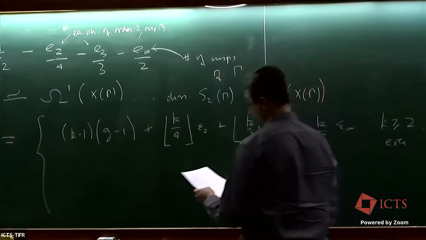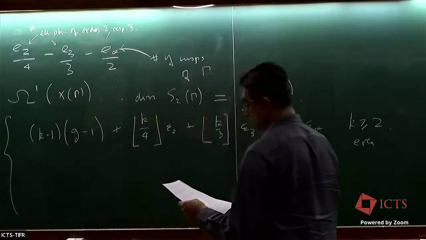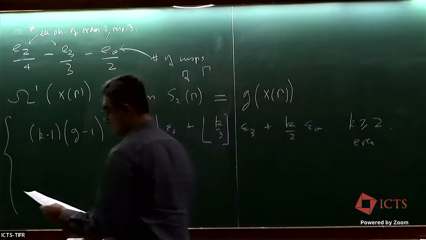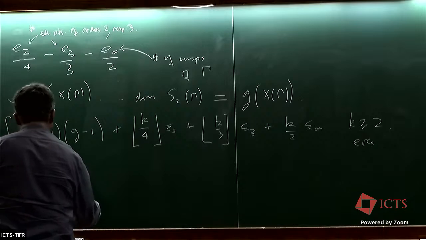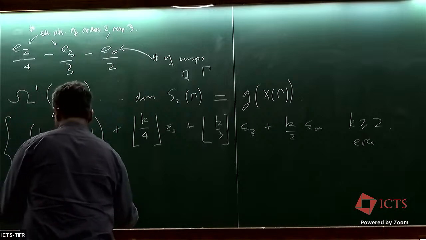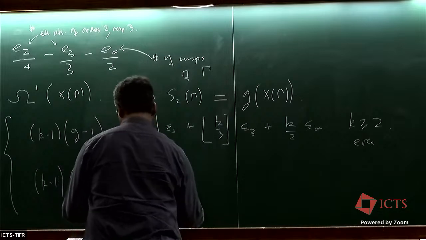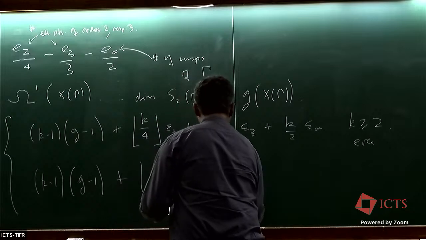And there are also formulas in the odd case. I'm not writing the other formulas down for weight 1 and weight 0, some other formulas for more degenerate cases. Let's do odd: k minus 1 over 3 times epsilon 3. There's no epsilon 2, I think, this time. Plus k over 2.